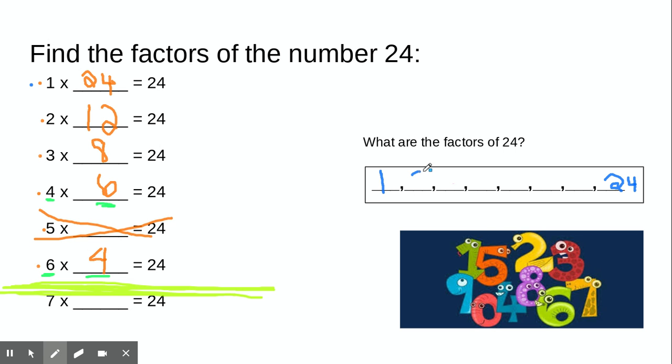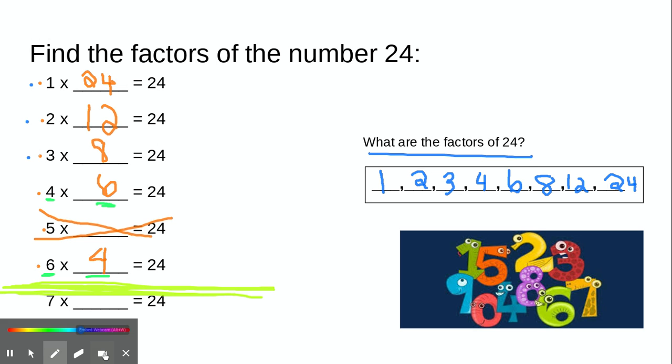Then we have 2 and 12 and 3 and 8. And lastly, 4 and 6. So what are the factors of 24? The factors of 24 are 1, 2, 3, 4, 6, 8, 12, and 24.